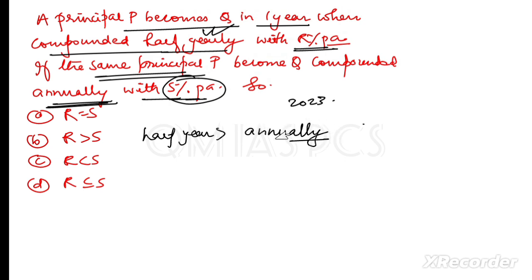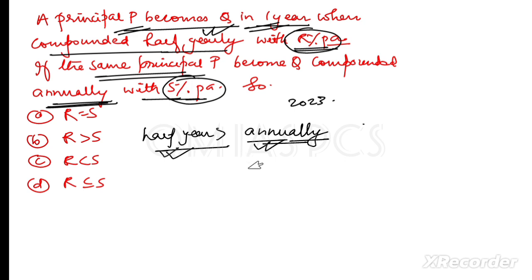To make the amount the same, what can we do? We can't change the principal, we can't change the time period, so we can change the rate. To make both values equal, we have to increase the rate of interest.